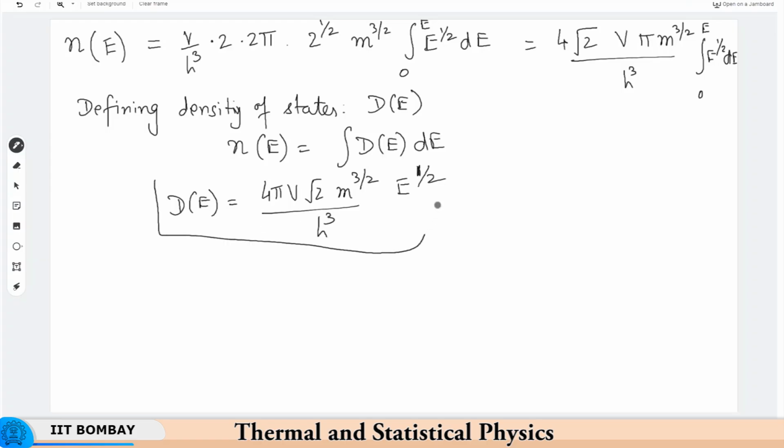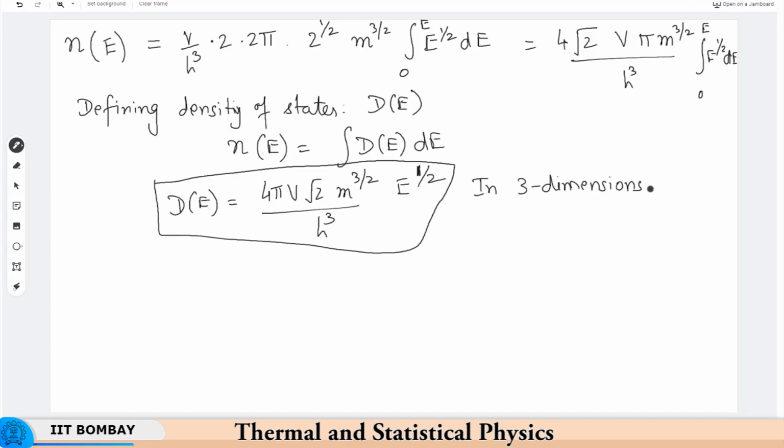And this is the density of states in 3D, in 3 spatial dimensions. So that is an important result.